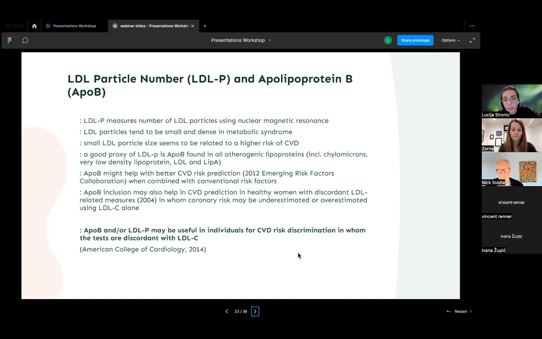And that is particularly important in those people whose traditional risk factors are absent, or in those cases where LDL-C is normal. So a good marker and something that our 51-year-old female should have done in any case.